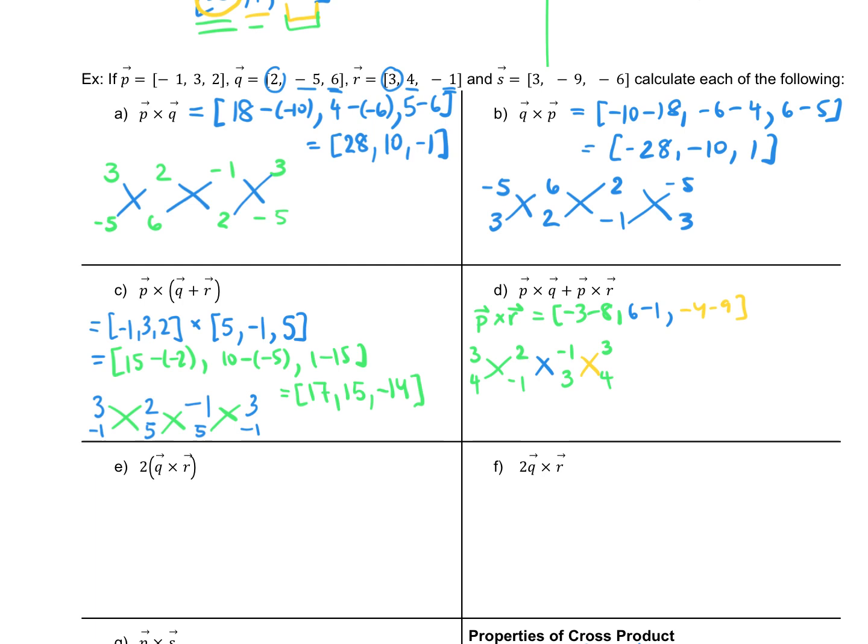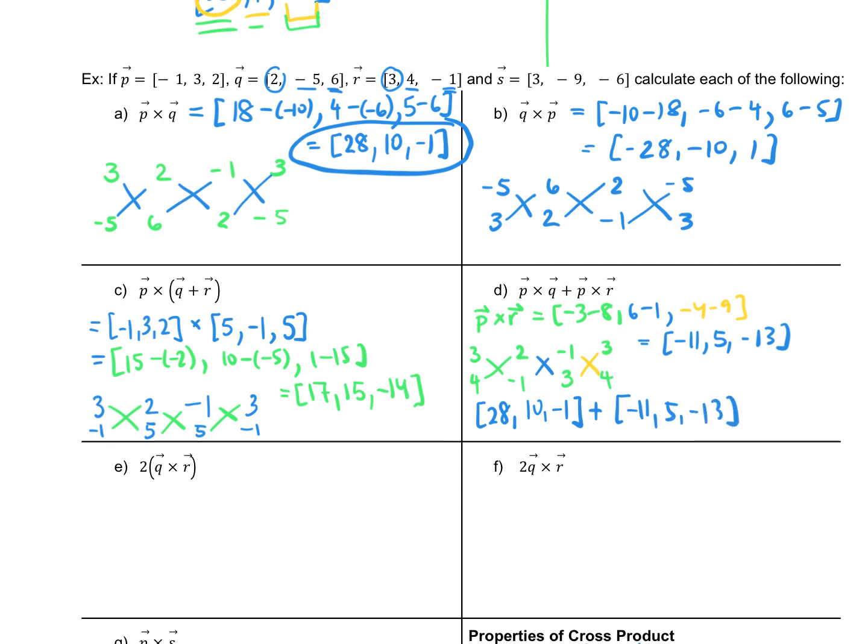And what do we get? -11, 5, and -13. Now we'll add this vector to the cross product of P and Q that we got in part A. So 28, 10, -1 plus -11, 5, and -13.